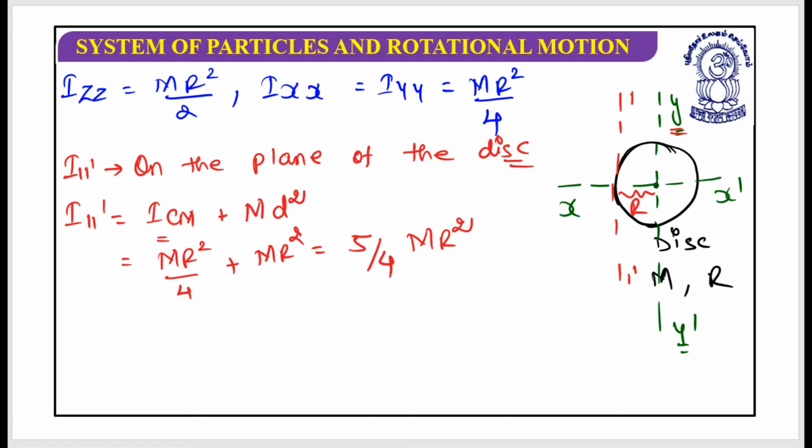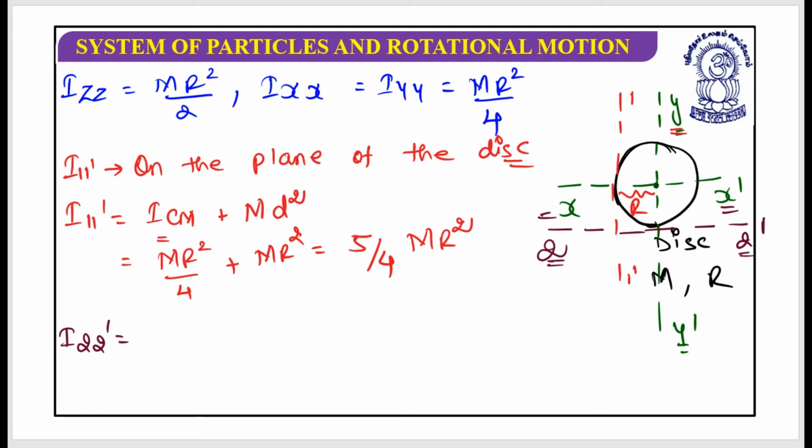Great. Now let's work on this. This is again in the plane of the paper, and this is 2 dash. So how will you do it? What I understand is this I22 dash could be written as, this axis is parallel to the XX dash.